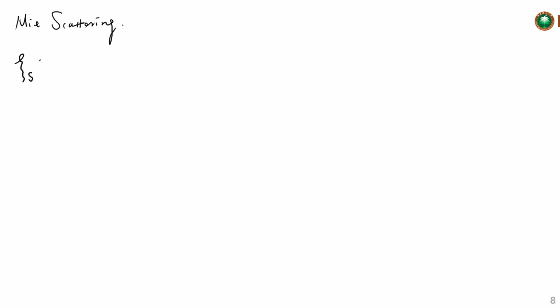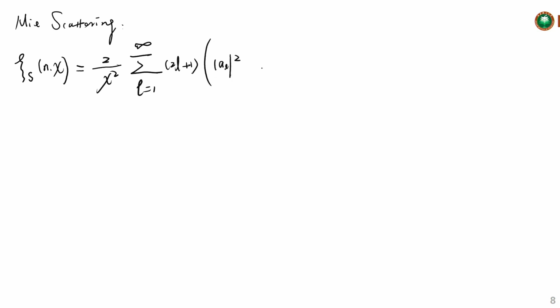It can be expressed now in terms of the refractive index and chi, okay? And then it can be expressed as 2 over chi square, and the sum from L equals 1 to infinity of 2L plus 1 times the absolute value of AL square and the absolute value of BL square.